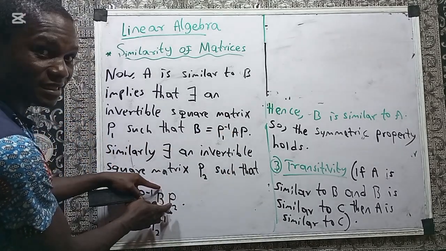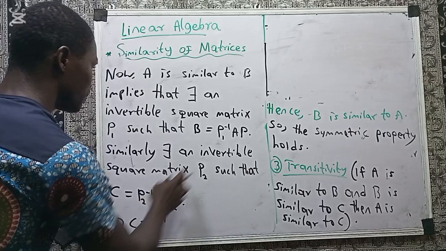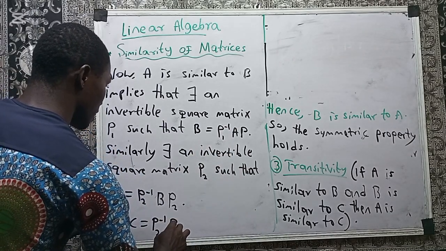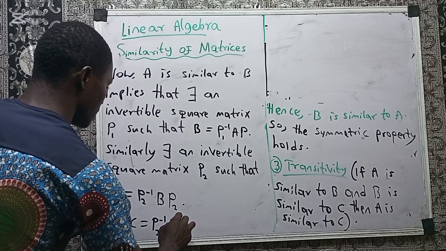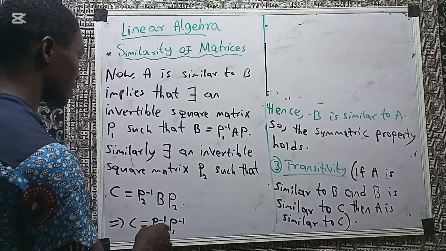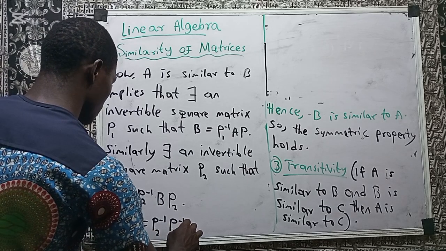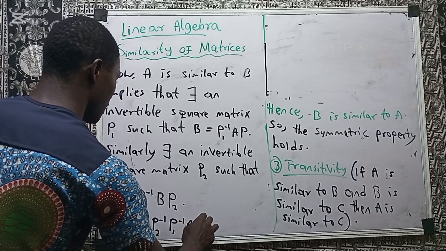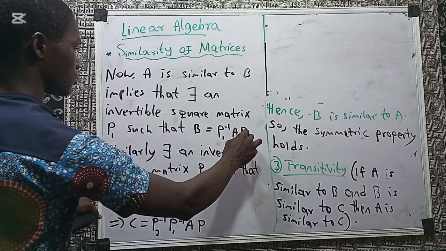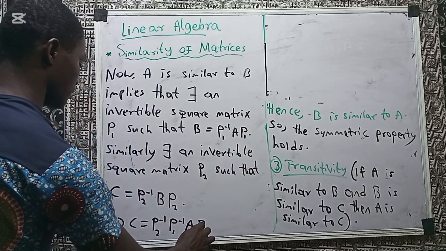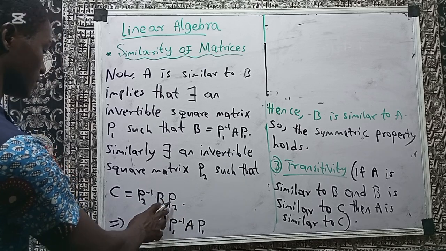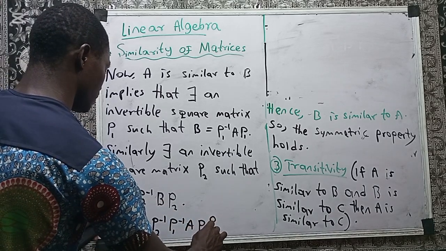So I'm going to replace B here: instead of writing B, I'll write P sub 1 inverse multiplied by A multiplied by P sub 1. That's your B. Then multiply by P sub 2.